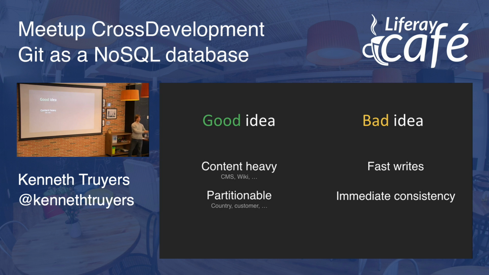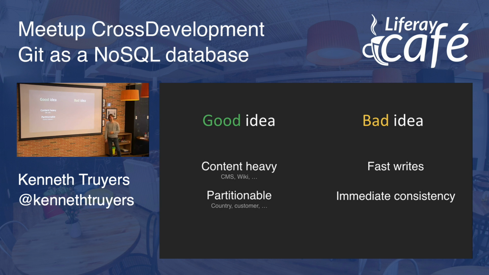I'm not talking about CMSs like WordPress, which would also be a good use case for this, but much heavier content management systems, where you store geographical data and all of those things. And whenever your data is partitionable, when you can say, right, we're going to make a repository per country, per customer, per whatever. Because then you kind of circumvent the limitation on the write speed.